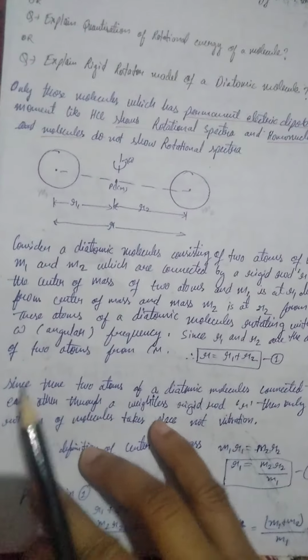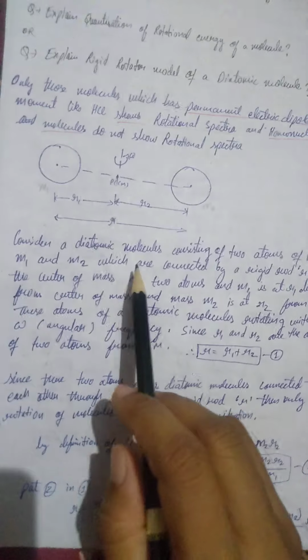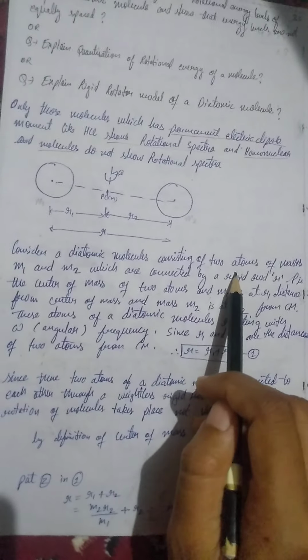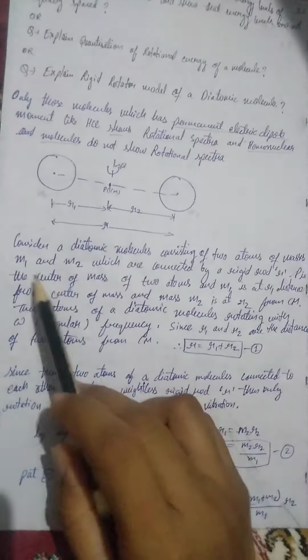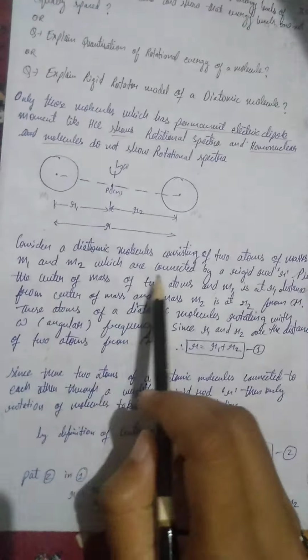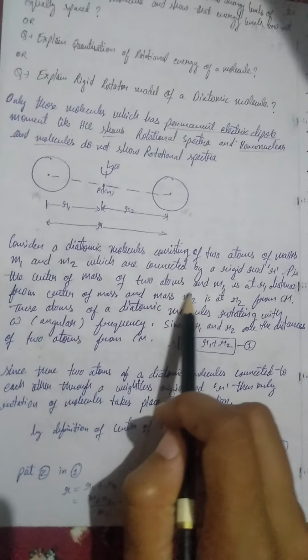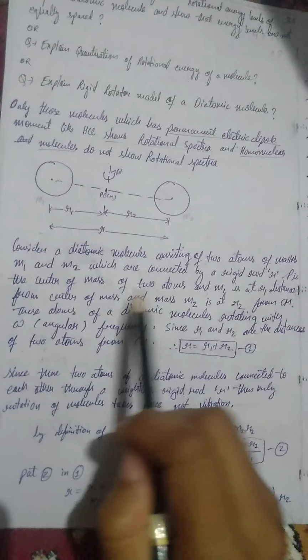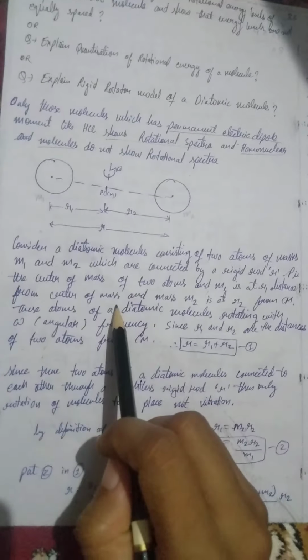Now consider a diatomic molecule consisting of two atoms of masses m1 and m2 which are connected by a rigid rod r. P is the center of mass of the two atoms, m1 is at distance r1 from the center of mass and m2 is at r2 from the center of mass.